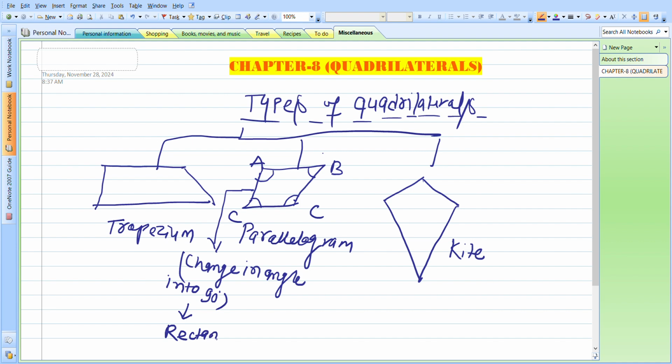So this is the first type which we will find from the parallelogram.